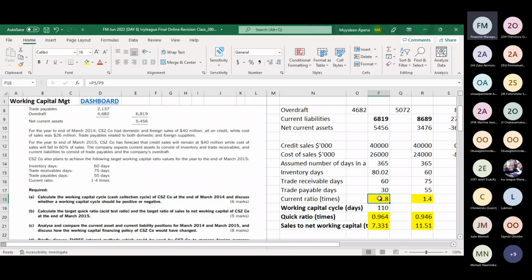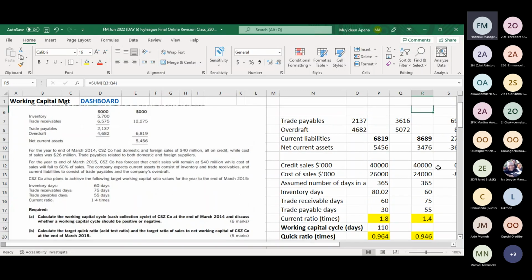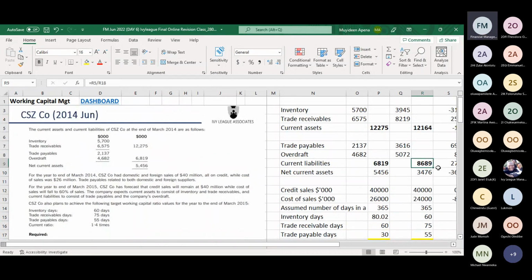But in this case, the ratio dropped, and when the ratio drops, it means liquidity is suffering. Then the focus is more on profitability. The reason this ratio has dropped is because they are looking at more current liabilities. Can you see it?